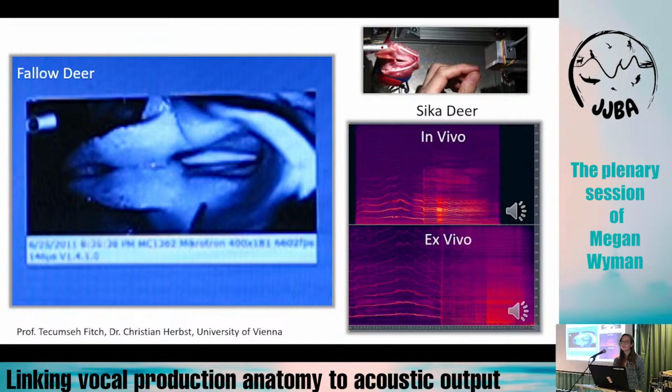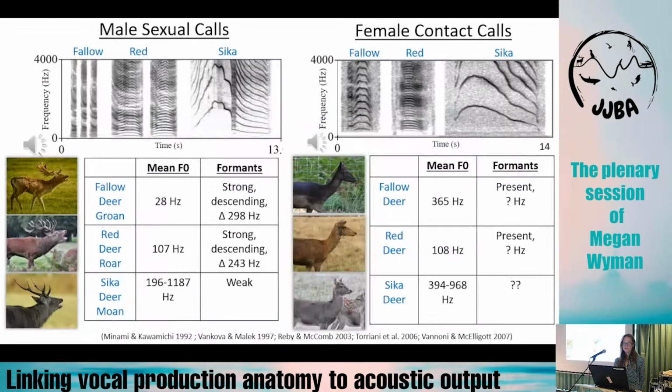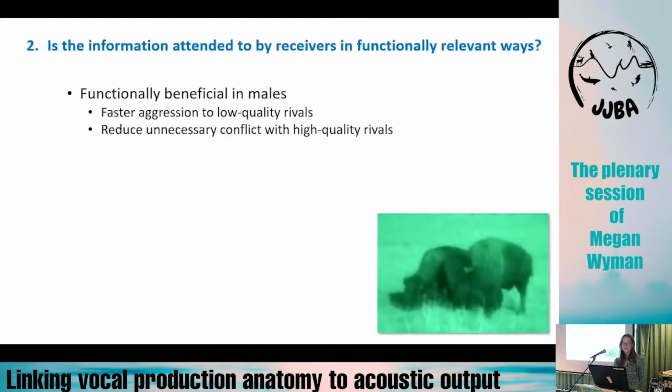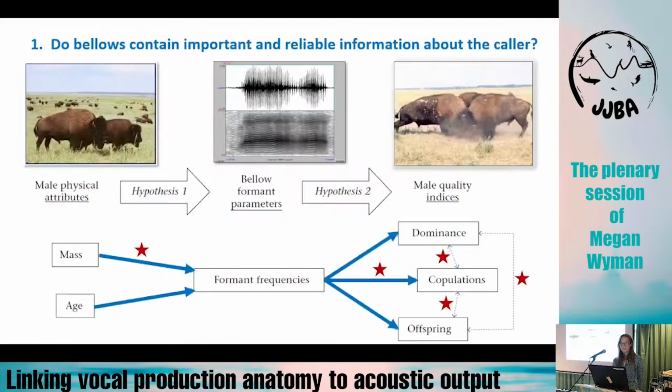But in your graph, you showed that mass will indicate frequency, will indicate dominance. How do you know this? Did you make some tests, or in the literature, do we probably already know?